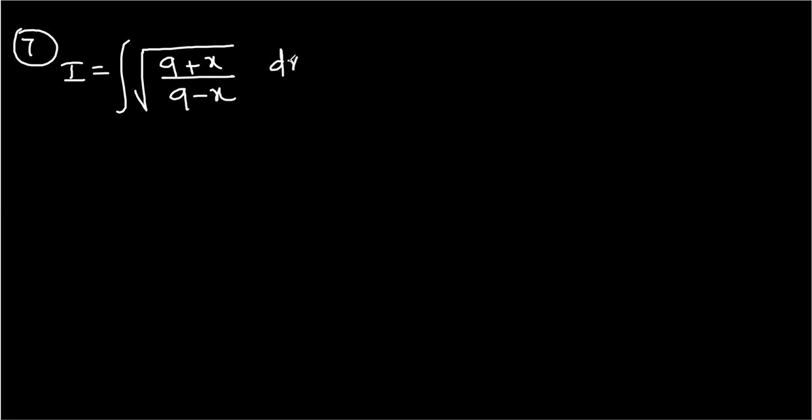There is a slight change in question number 7. The change is making the question quite interesting. See, what is it? It is square root of 9 plus x over 9 minus x. I need to integrate this, and I notice that it is none of the results that we have done so far. And you remember, students, integration is all about applying the result.